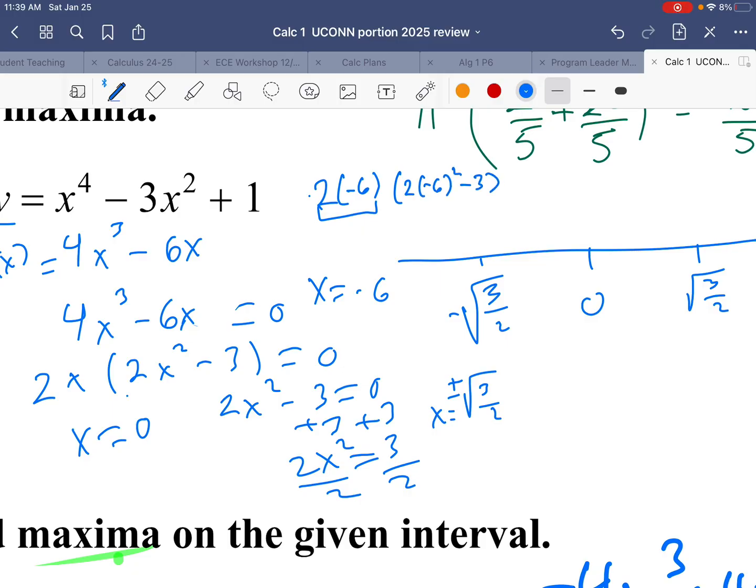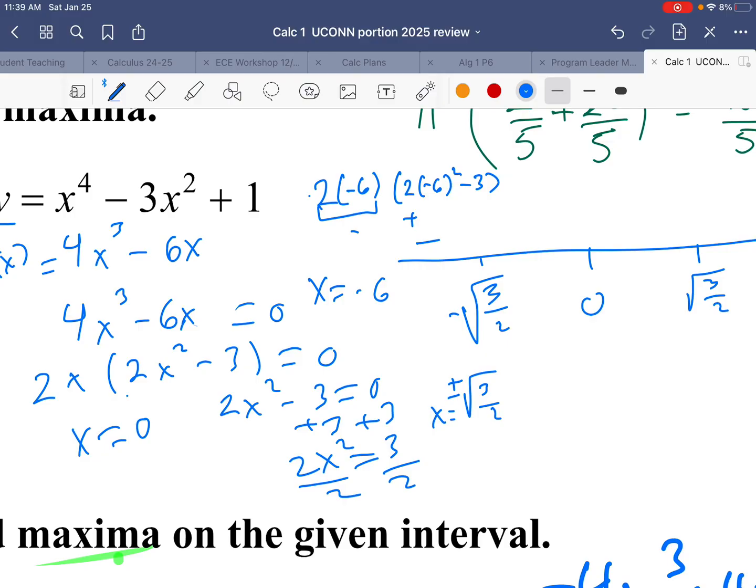This would be a negative. Negative 6 squared times 2 is going to be a positive 36, then times 2 is 72, so this will be a positive. So before negative square root of 3 over 2, this is a negative.